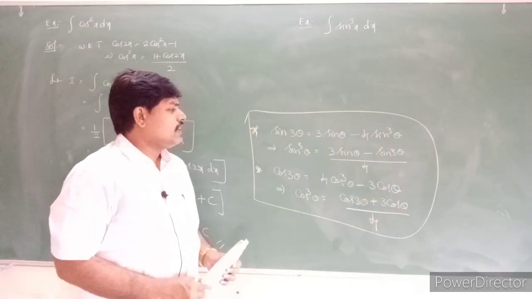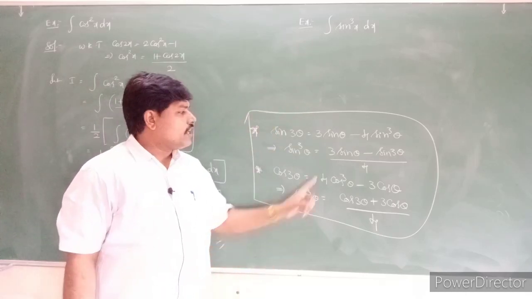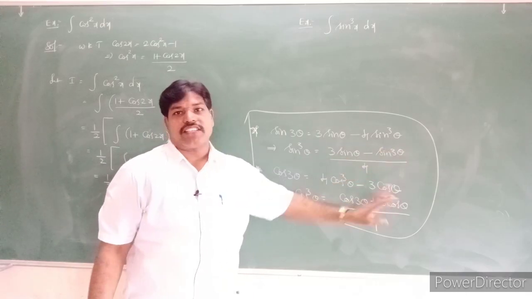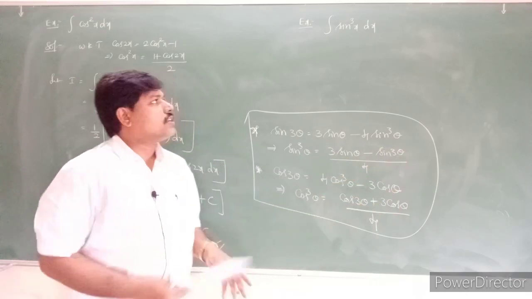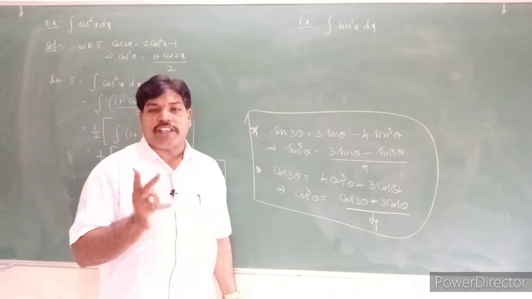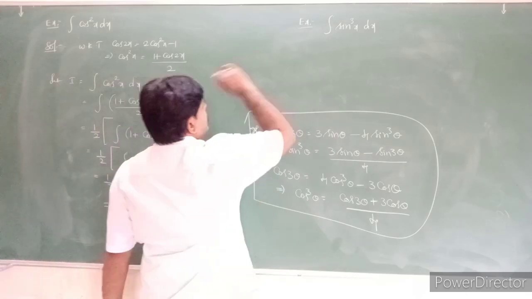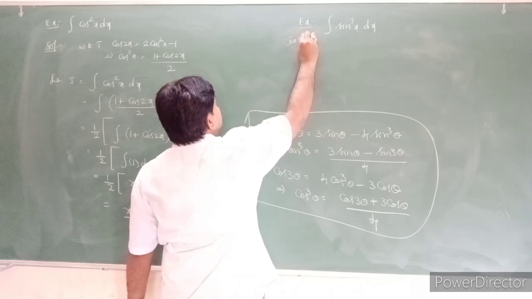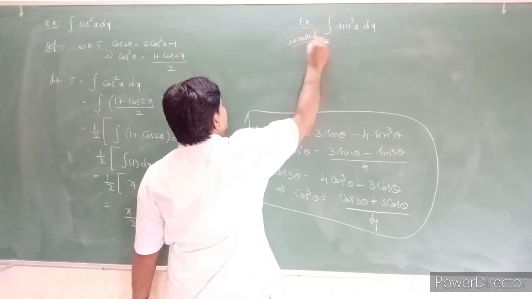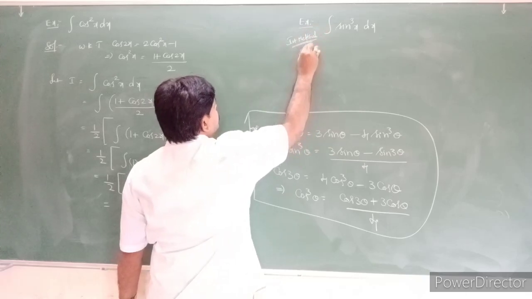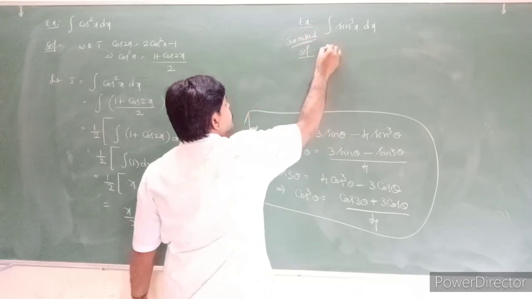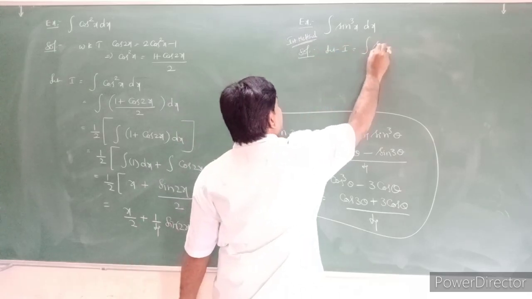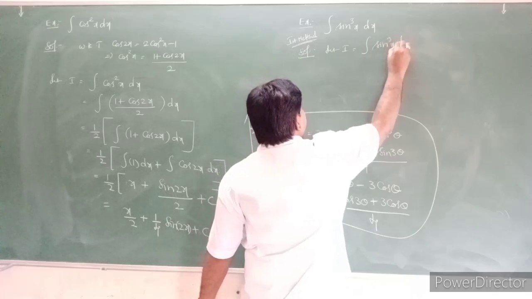Okay. So, here sin cube x is given. In the place of sin cube x, we can write (3 sin x minus sin 3x)/4. So we can integrate this function. We will do this question by two methods. So what is the first method? In the first method, let I be equal to the integral of sin cube x dx.